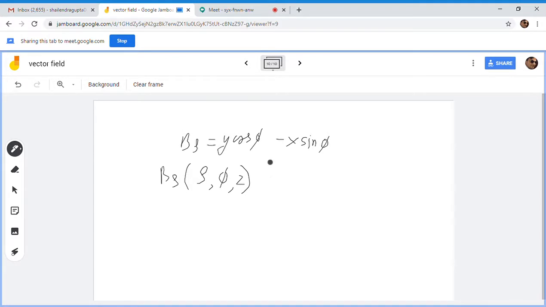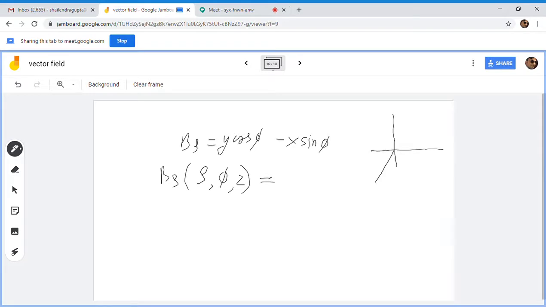So this expression cannot understand these y and x components, because these are rectangular coordinate system variables. They cannot be used in the cylindrical coordinate system. So what we need to do is convert your y and x. So how can you convert?